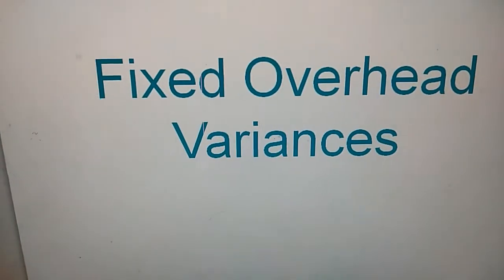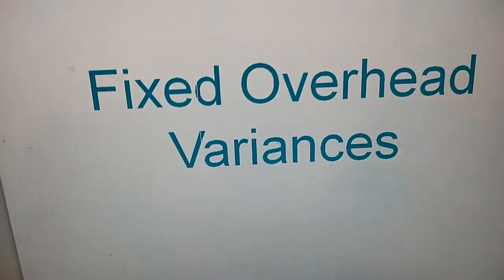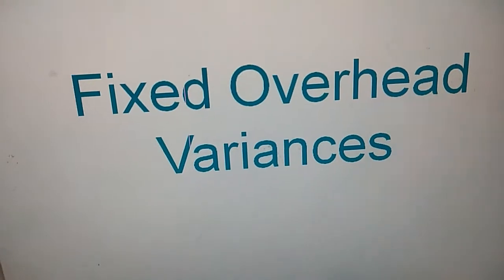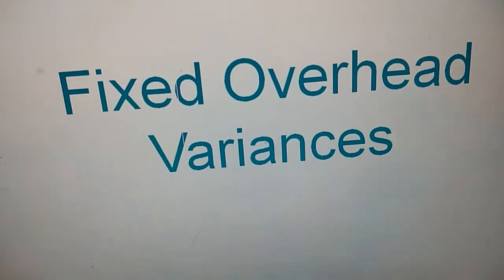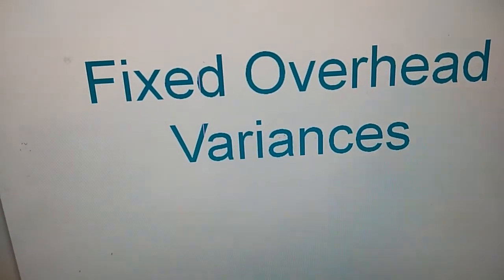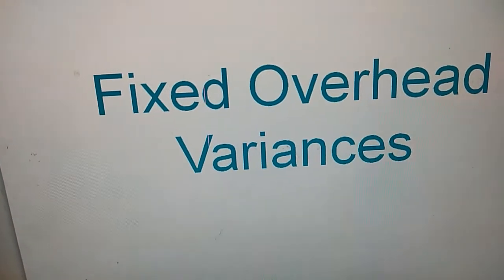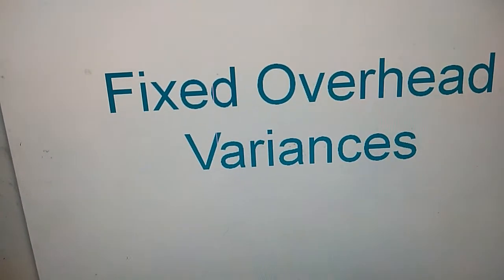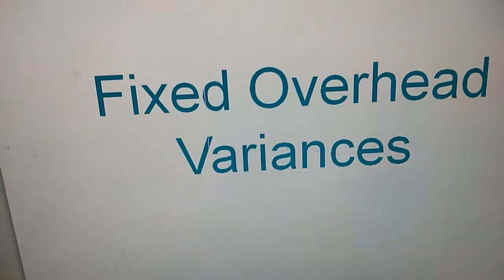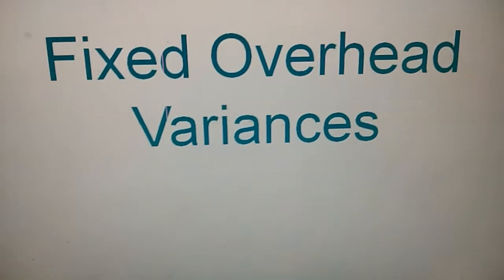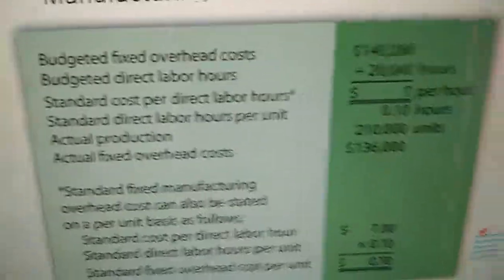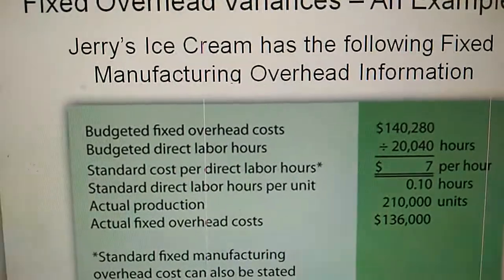It is common for companies to apply fixed manufacturing overhead cost to products based on direct labor hours, machine hours, or some other activity. Companies using a standard costing system apply fixed overhead based on a standard amount per unit produced.